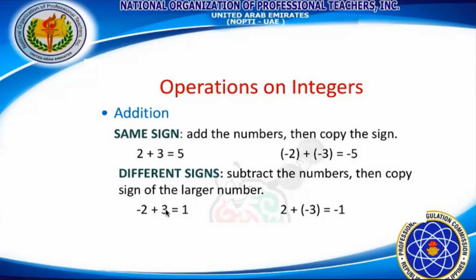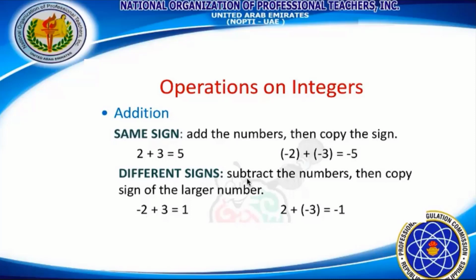Paano naman pag different signs? Subtract the numbers, then copy the sign of the larger number. Parang ano, di ba sa graders, let's say negative 2 plus 3, yung 3, tanggalan mo ng dalawa. Negative kasi yun eh. So, positive 1.